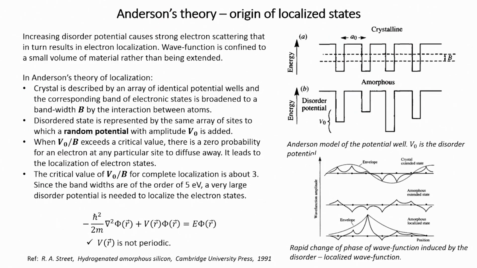A key idea with regards to understanding the behavior of carriers in amorphous materials is defined by something called Anderson's theory of localization. In the case of crystalline materials, we found that the material had a very periodic potential well, which we used in our model, called the Kronig-Penney model, along with Bloch's theorem.